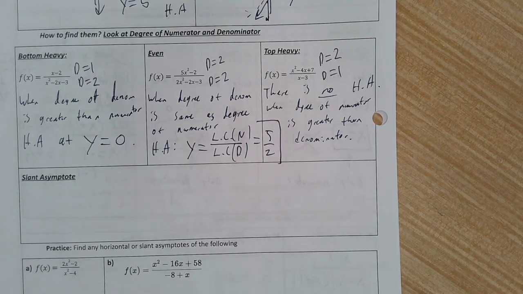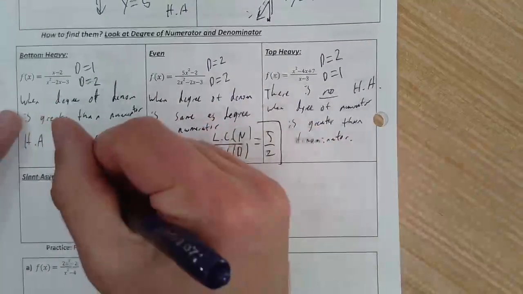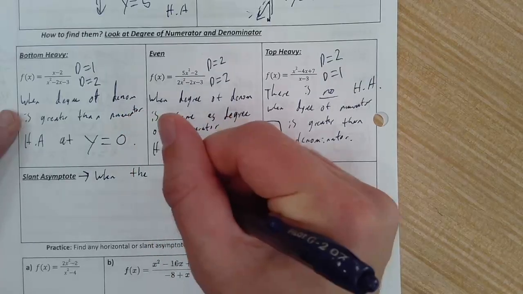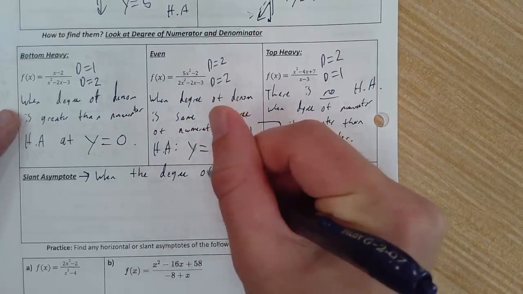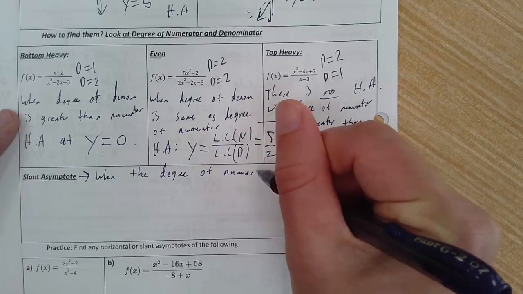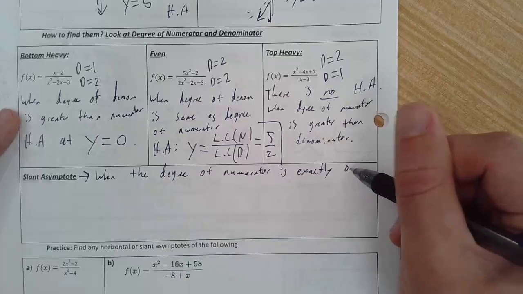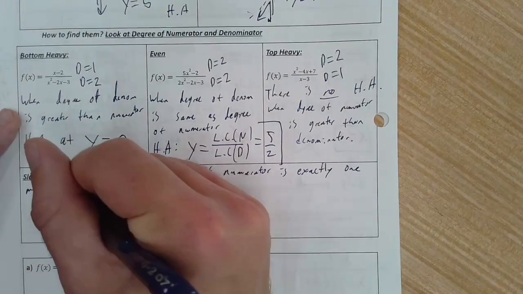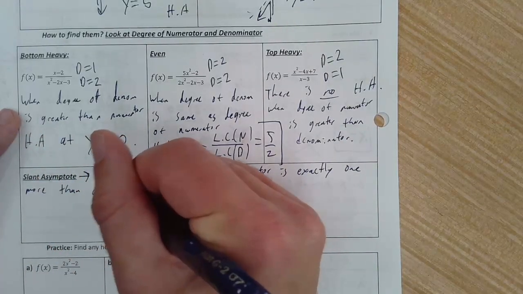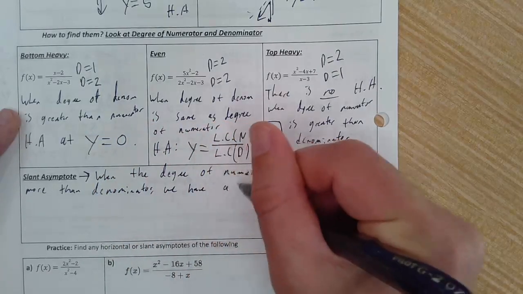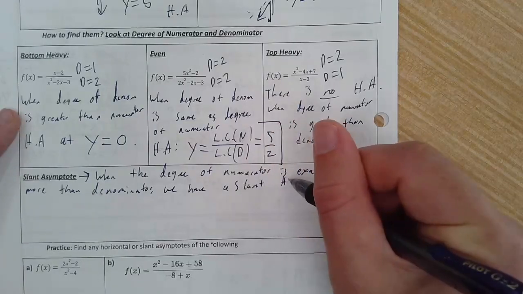So, what about the slant asymptote? How does this come into everything? Slant asymptotes only happen in unique situations. When the degree of the numerator is exactly 1 more than the denominator, we have a slant asymptote.